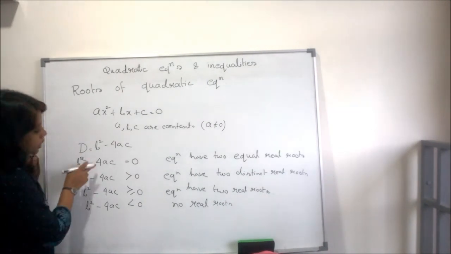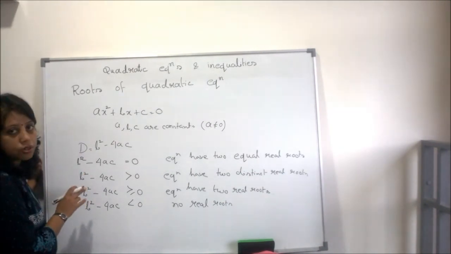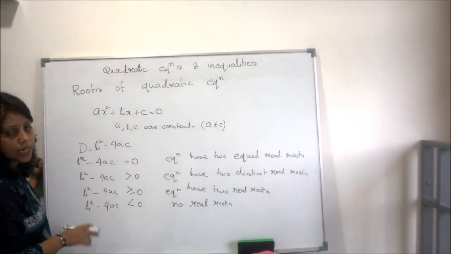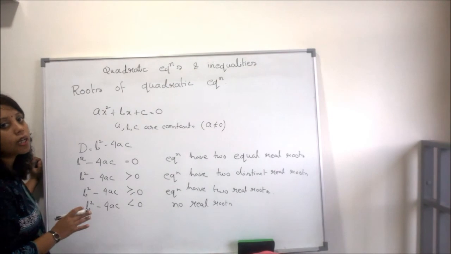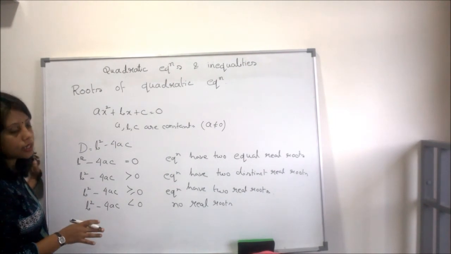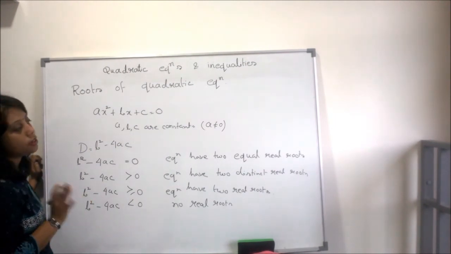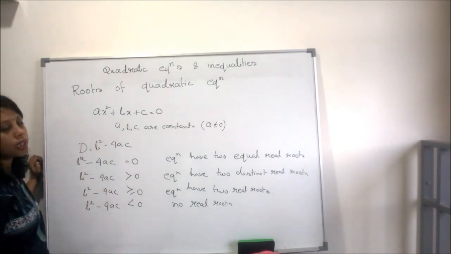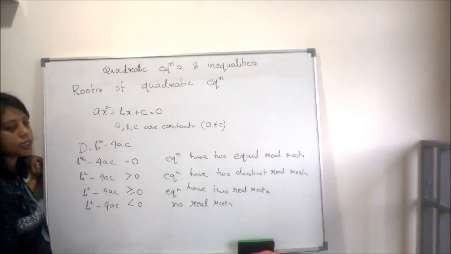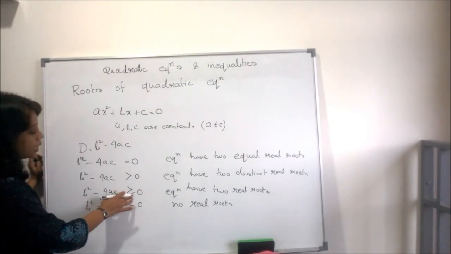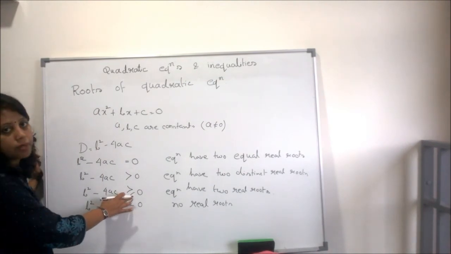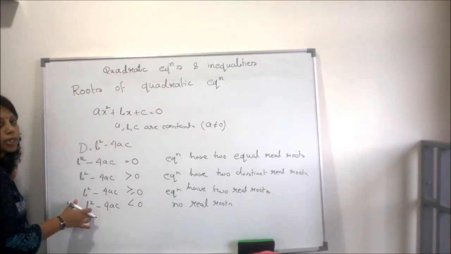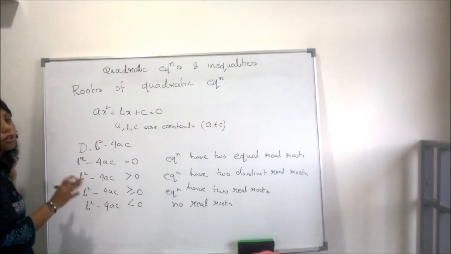So in these cases the equation has real roots if the discriminant is either 0 or greater than 0. In both cases this equation has real roots. If equal to 0, then equal roots. If greater than 0, then distinct roots. If greater than or equal to 0, it may be equal, may be distinct. And if the discriminant is less than 0, then no real root.